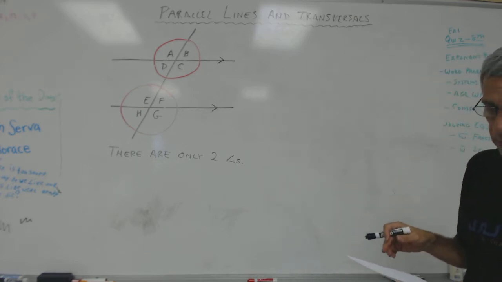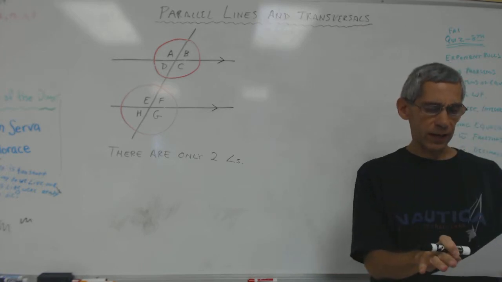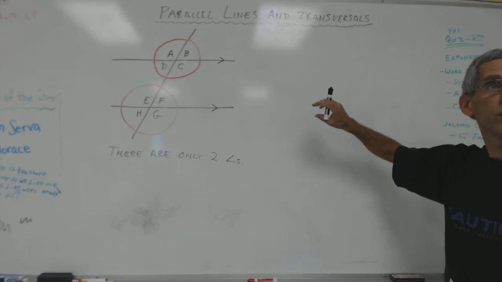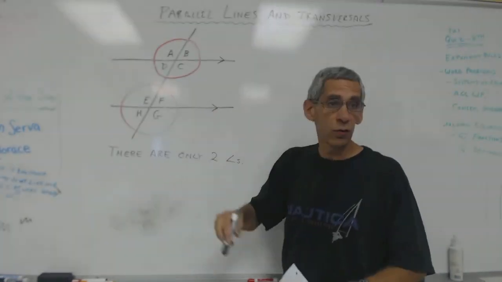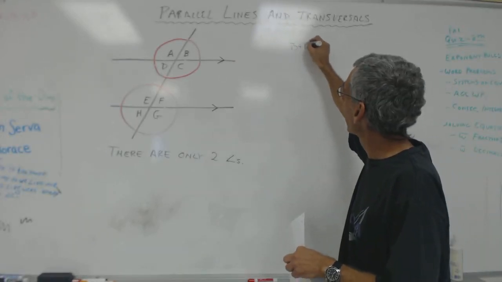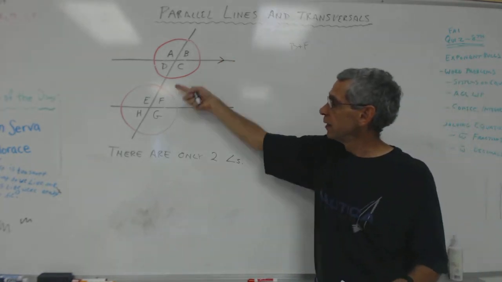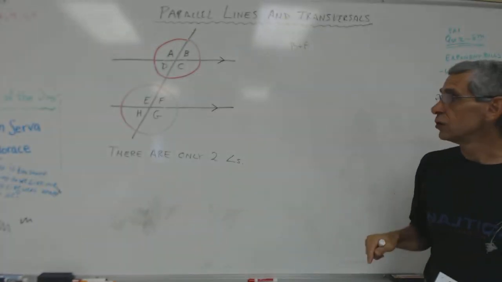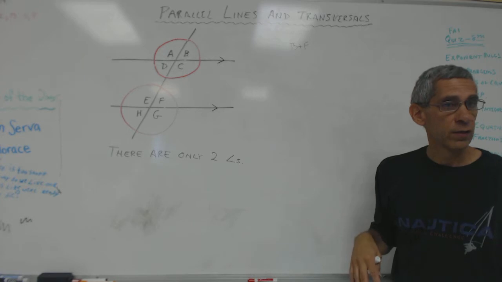So now, on the homework that you have, it might give you two things. They might say B and F are what? And you would have to just say corresponding angles, right? So you're going to have to use your notes. Or they'll say A and G. What are they?